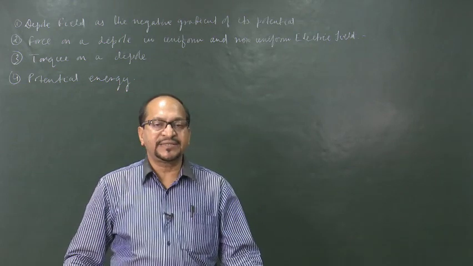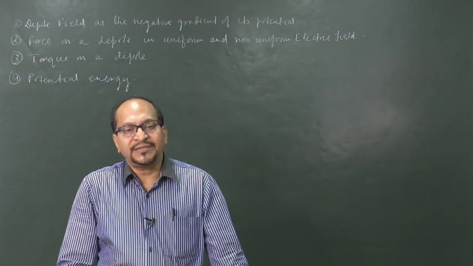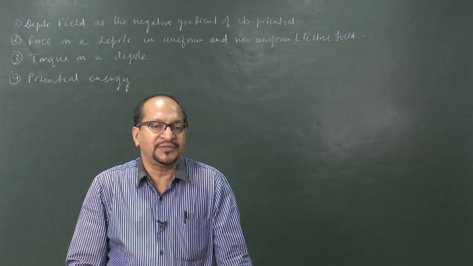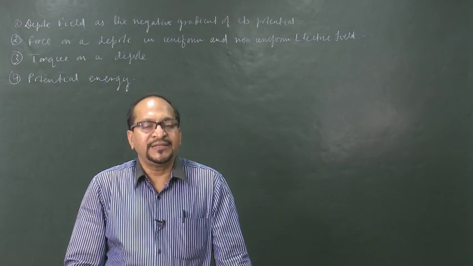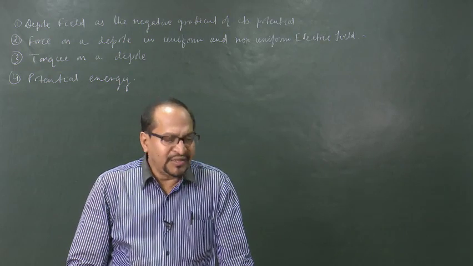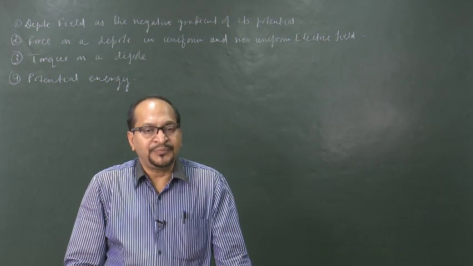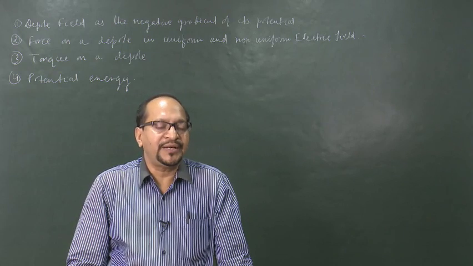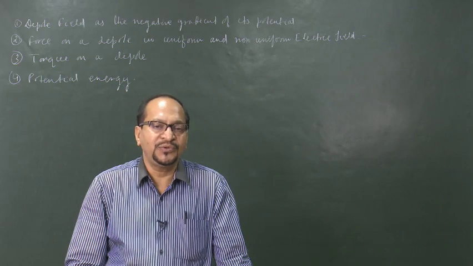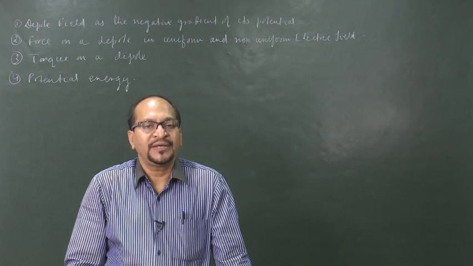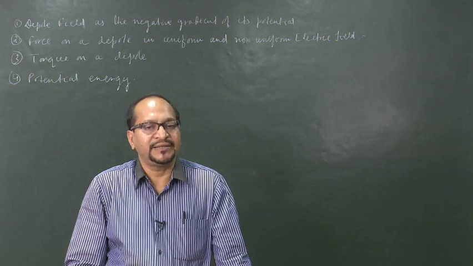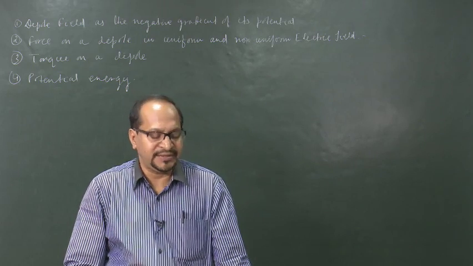As potential is a scalar quantity, it is often easy to find the potential due to a charge configuration, then taking its negative gradient we obtain the electric field. So, let us verify whether the field and potential we obtained for a dipole satisfy this condition. I mean, if we know the potential of a dipole, can we derive the field due to the dipole by taking its negative gradient? Let us first discuss.